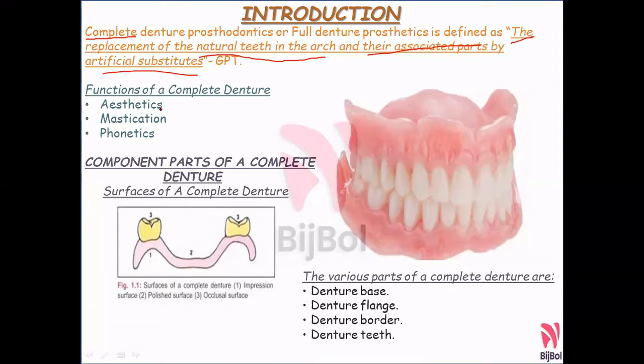The functions of complete denture are aesthetics. Whenever a tooth is lost, the patient doesn't feel good about it. So to improve his aesthetics, especially in people below 50 years of age, it is a very prime concern. Then coming to mastication, everyone needs teeth for mastication, so a complete denture will restore the masticatory function.